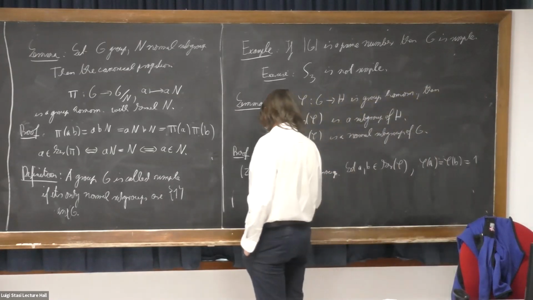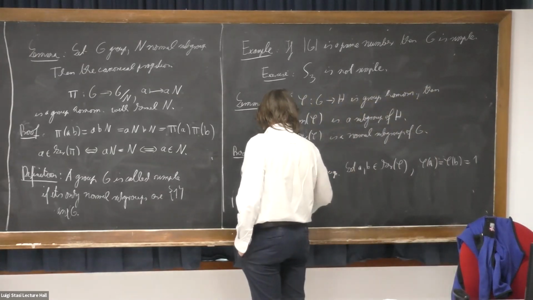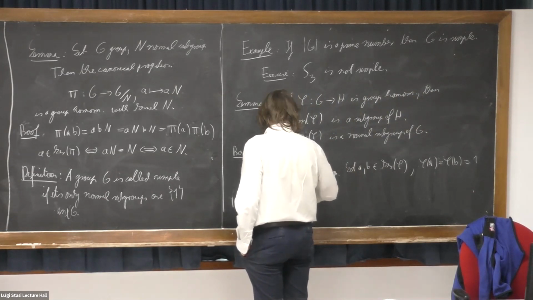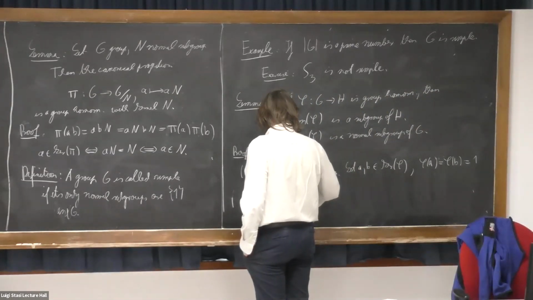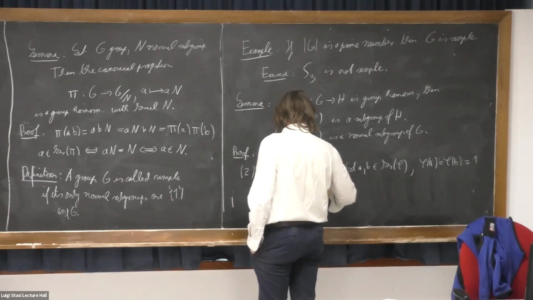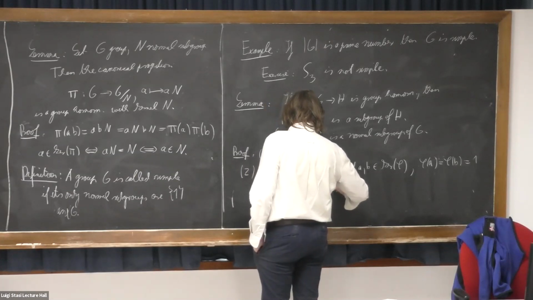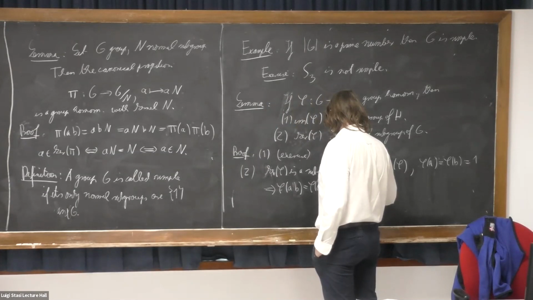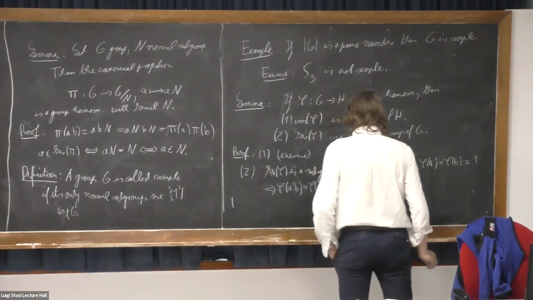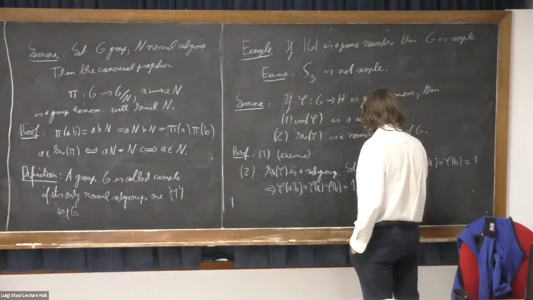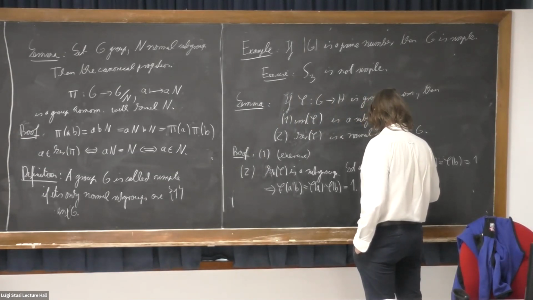So it follows that P of AB is equal to P of A times P of B, which is equal to 1 times 1, which is equal to 1. So AB is in the kernel.